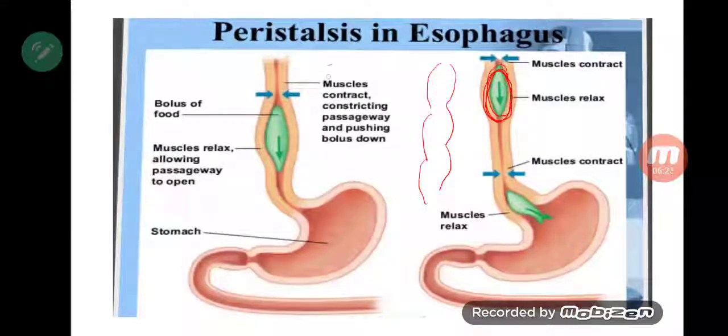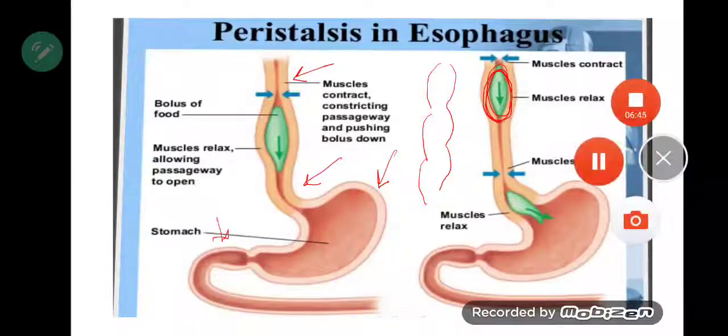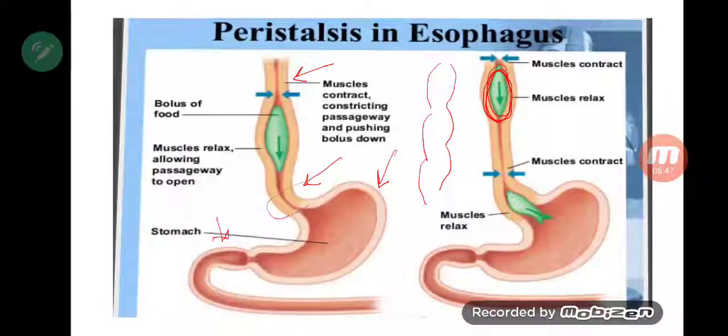Here is the esophagus, and here is the stomach. Here is the duodenum, the first part of the duodenum. Here is the lower esophageal sphincter, and we have another sphincter here called the pylorus.